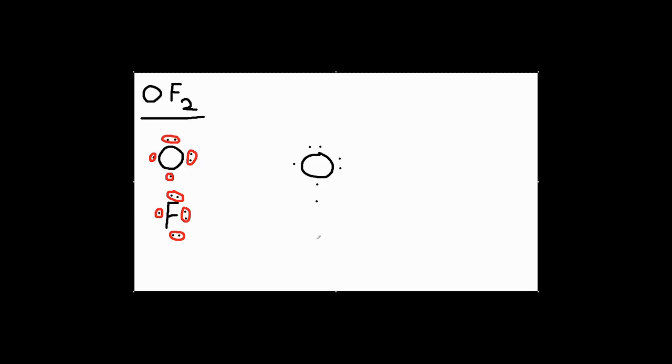So, fluorine, I'm going to put 1 right here, and then I'm going to put 1 right here. So, depending on where you're bonding to is where that little dot right here is going to go. So, in this case, our bonding thing is going to be over here.